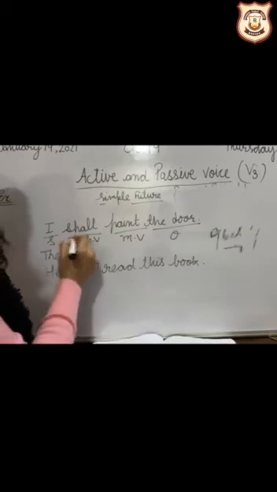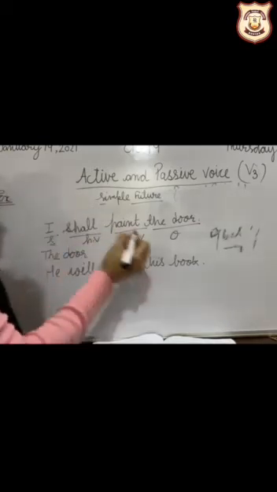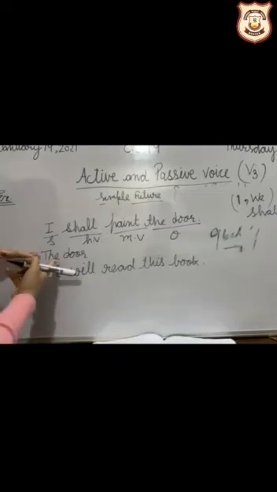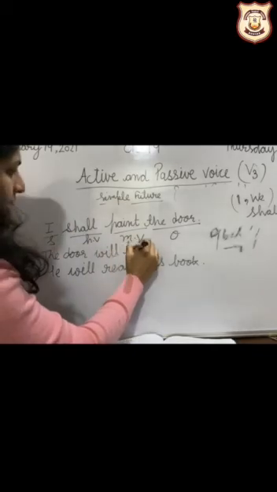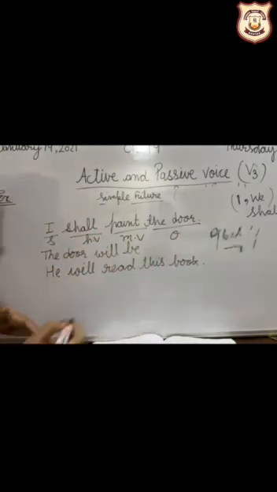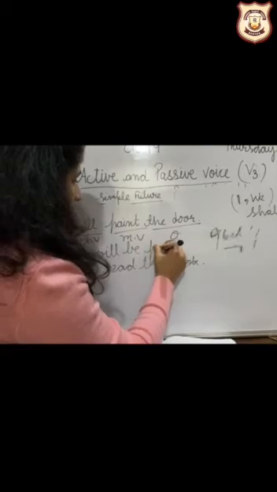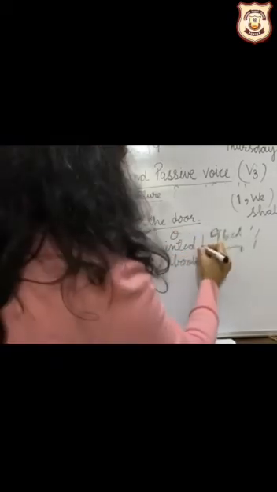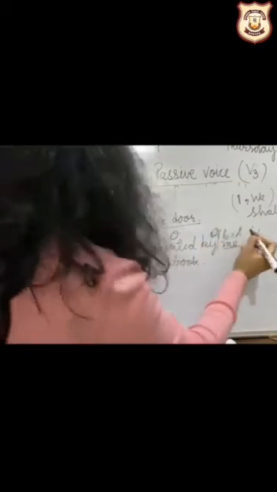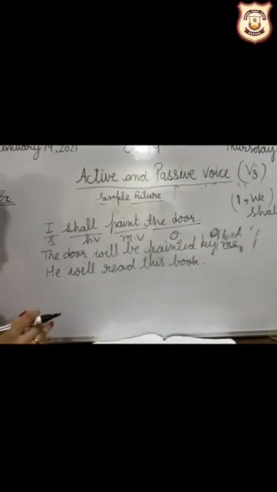We use shall with I and we, but here door is there. So the door will be painted by me. Okay, the door will be painted by me.